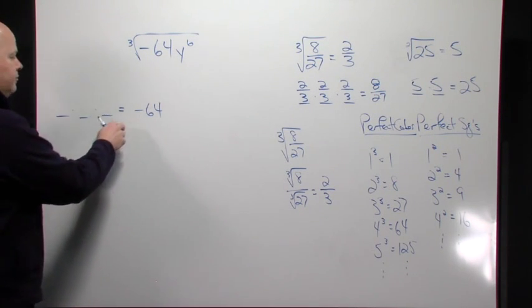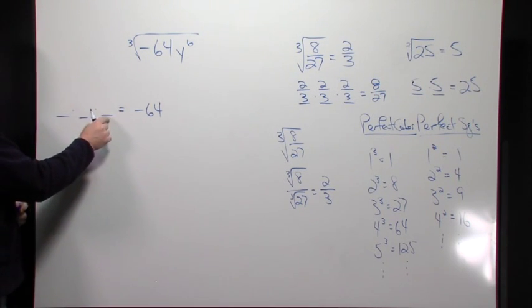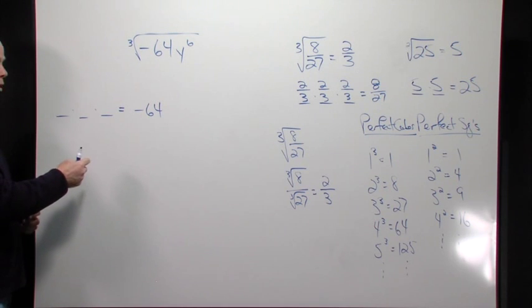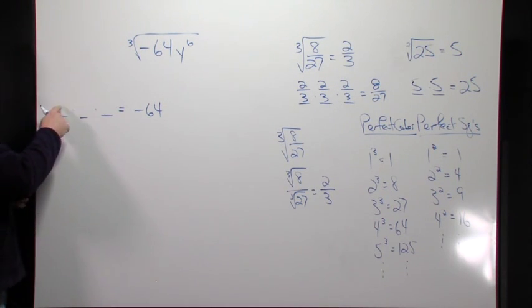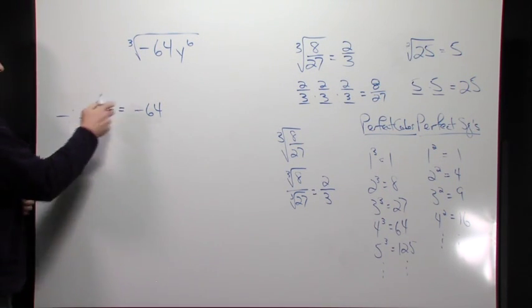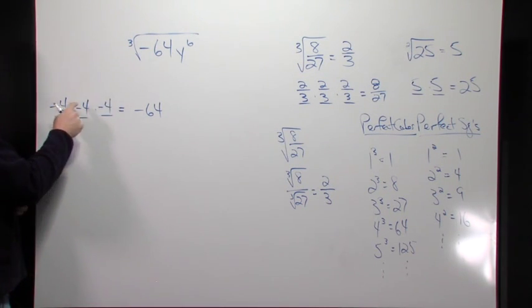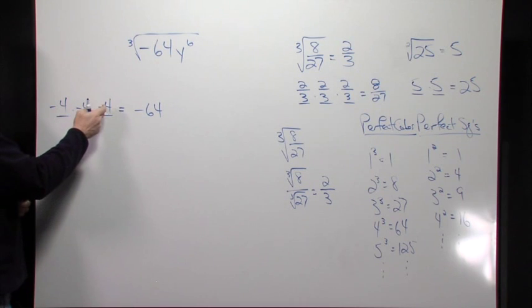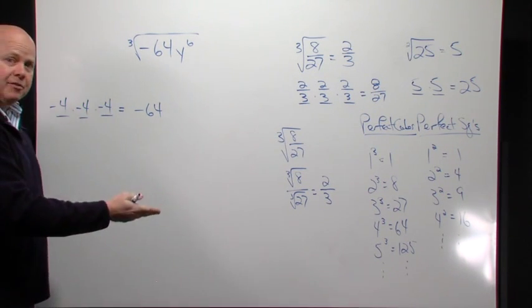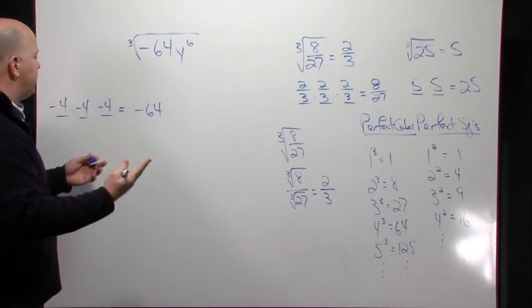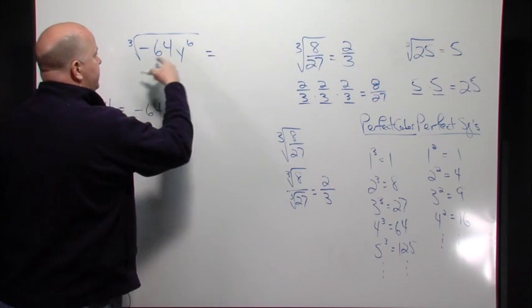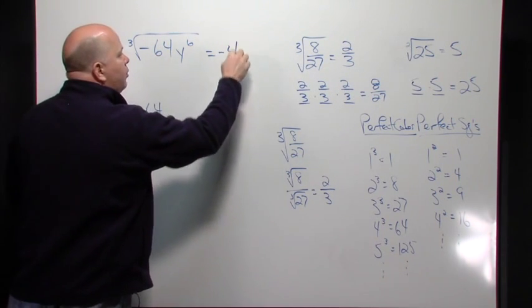Now we want a negative. And earlier I had mentioned that all of these have to be the same number. So when we say the same number, if we have an odd number of negative signs, that equals a negative. So that's beautiful for us, because negative 4 times negative 4 is a positive 16, times a negative 4 is negative 64. Beautiful. So the first component of this is negative 4.